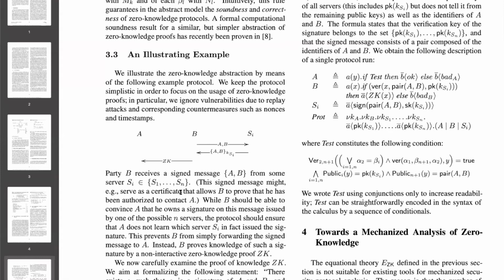The idea is that the signed message might serve as a certificate that allows B to prove that he has been authorized to contact A. And the point is that B wants to be able to convince A that he owns a signature on the message, but without saying to A which server issued the signature. Does that make sense? Yes. Okay.